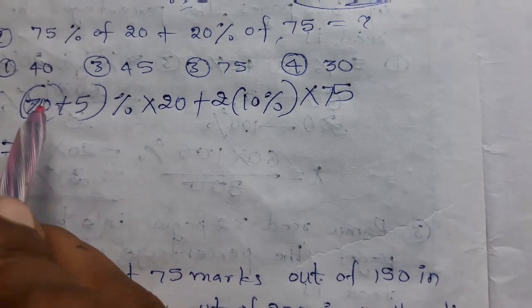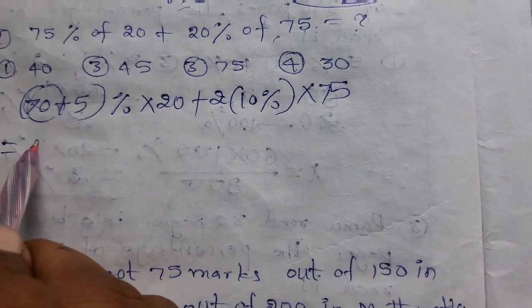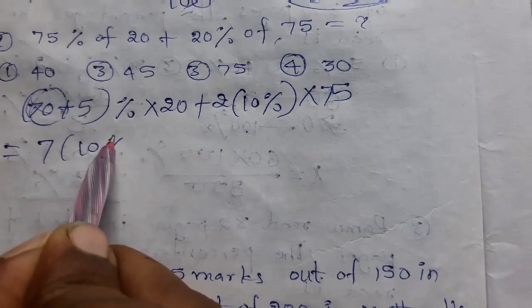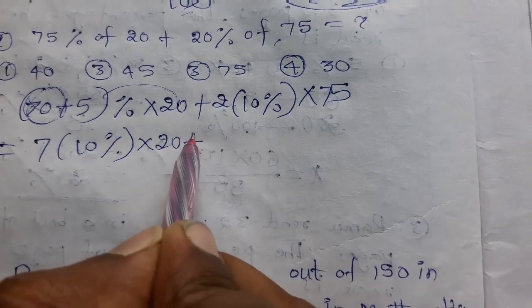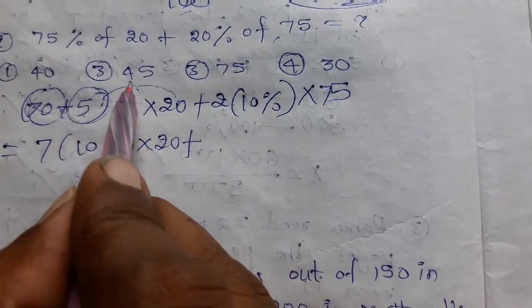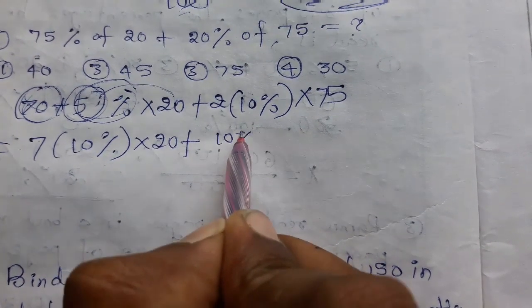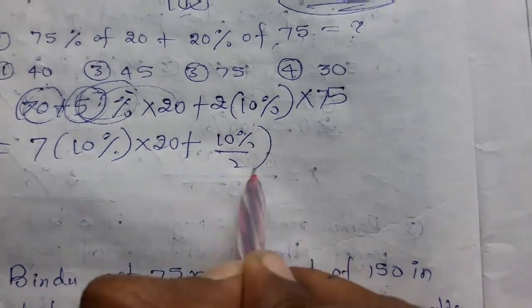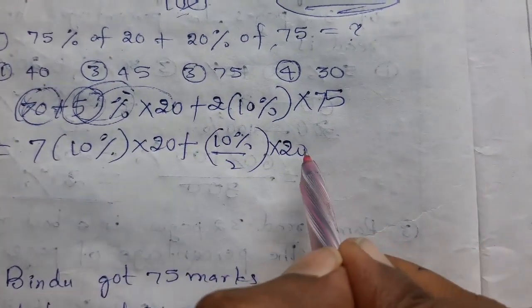Now this 70, once again I am writing 7 into 10% into 20, plus 5%. 5% means 10% divided by 2, into this 20, isn't it?